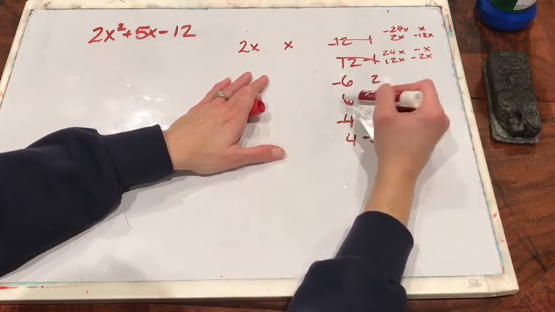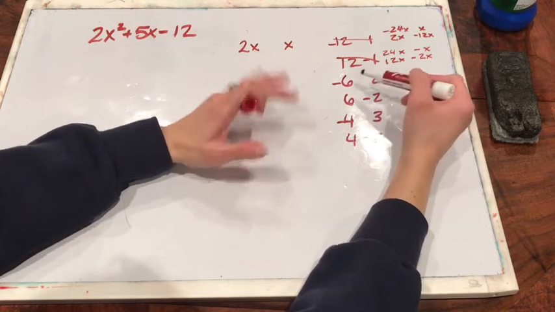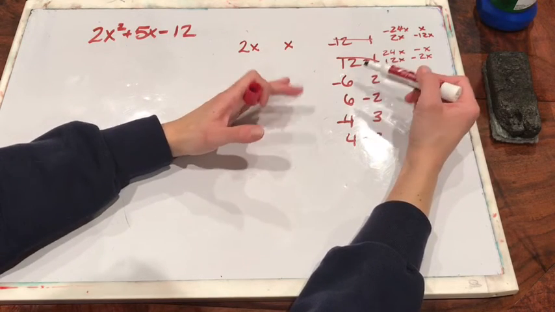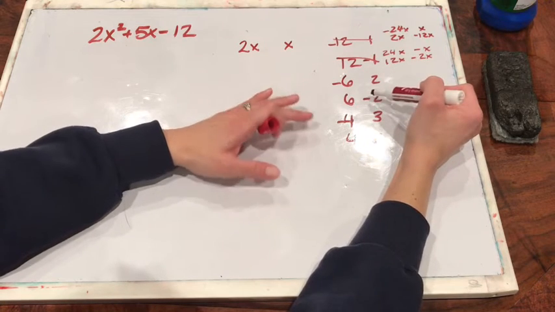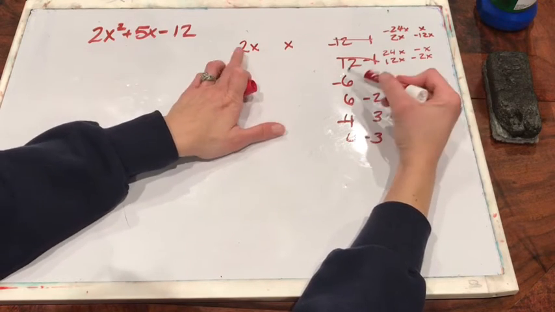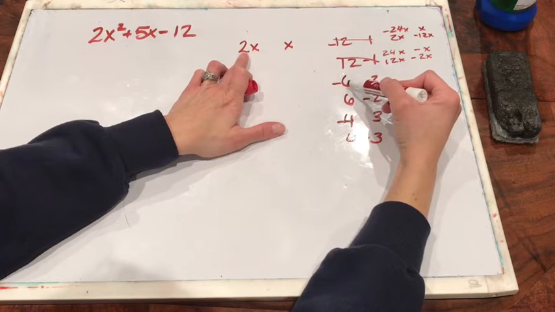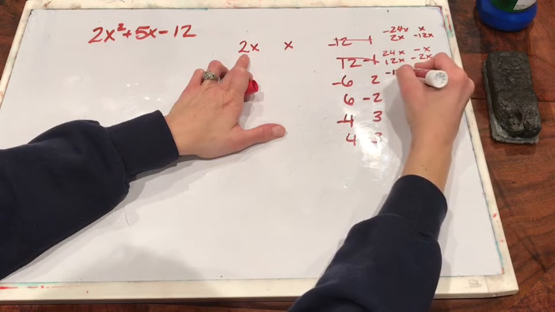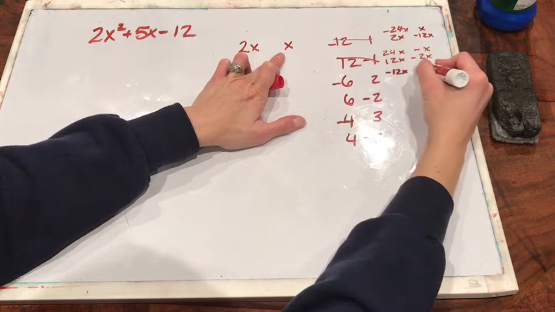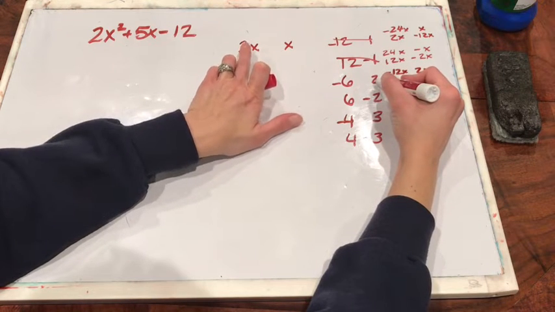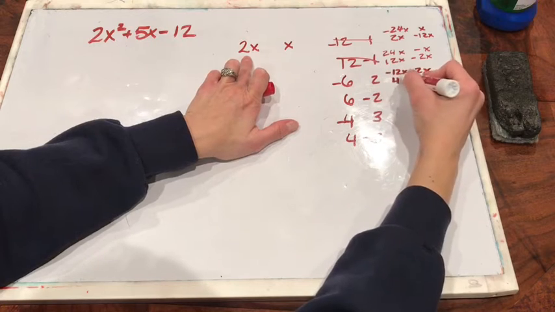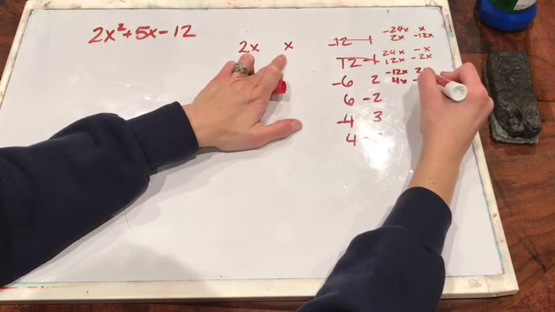So we're just going to do one of them. And then if we get close by having the right number but the opposite sign, then I know to go to the other sign. So -6 and 2x is a -12x, and then here would be a 2x. If I switched it, then I'd do 2x times 2, which is 4x, and then -6 times x.